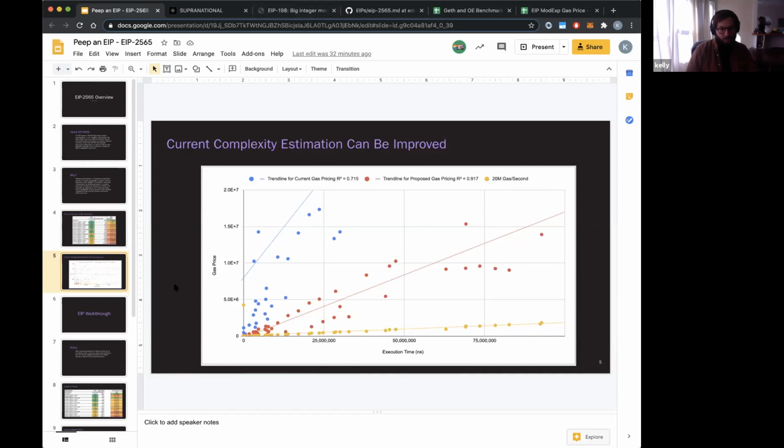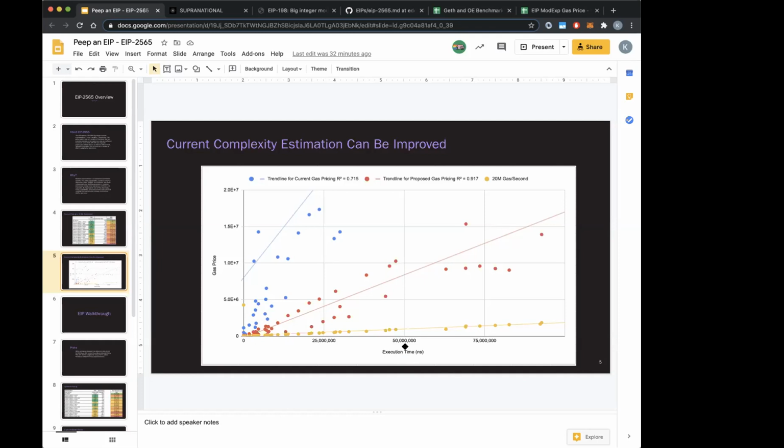As a very trivial example, here is something where the gas price with the old formula would have said that this should be 10 million gas, but the new formula said it should only be 100,000, right? So even though they both took the exact same amount of time to execute, one formula was a better predictor of its execution time. And so that's ultimately it.